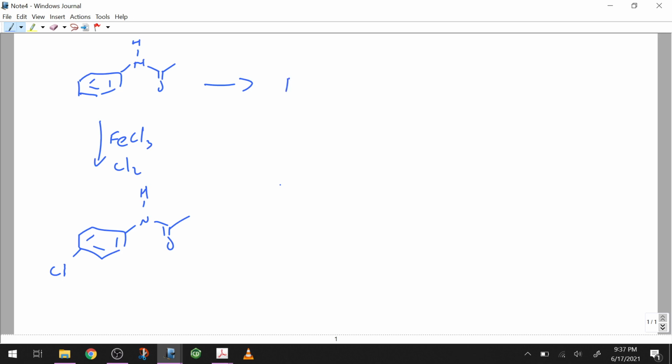So let's have a look at this. So if I did the acylation here, it's probably not going to be my major isomer. Because of the size of the acetyl group, I'm probably going to take a yield hit pretty bad here. So this is not necessarily the greatest way to do it.